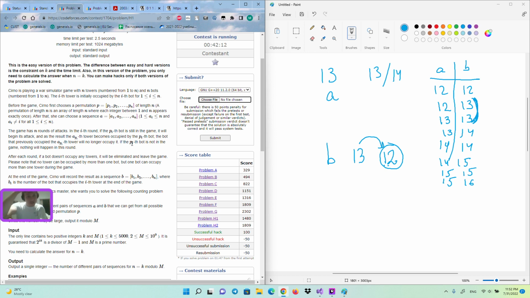After that, she can choose a sequence a, where a_i isn't equal to i. The game has n rounds of attacks. In the ith round, if the p_ith bot is still in the game, it will begin its attack, and as a result, the a_{p_i}'s tower becomes occupied by the p_i's bot.